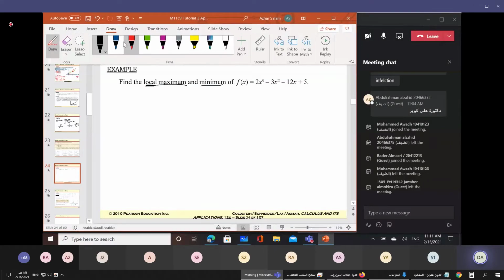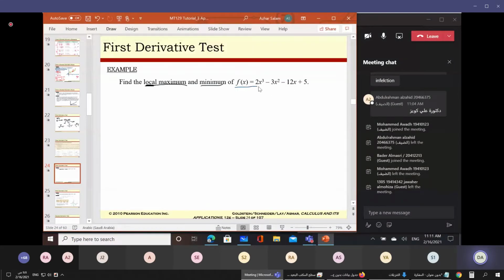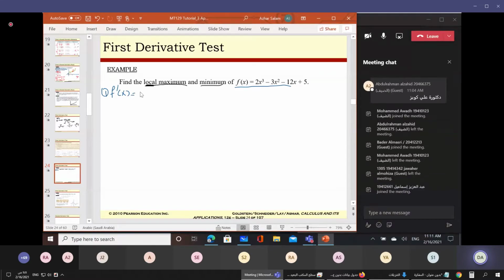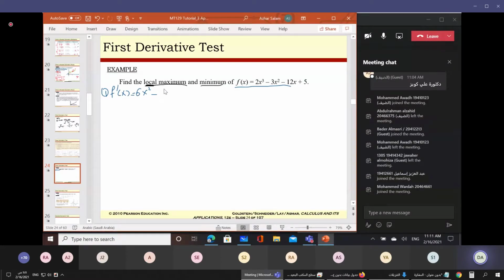Okay. So here I will take this function. The first step, as we said, I will find the first derivative, f dash of x. The first derivative will be 6x squared minus 6x minus 12. This is the first derivative for this function. Then I will find the zeros.